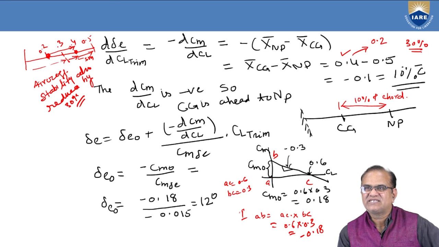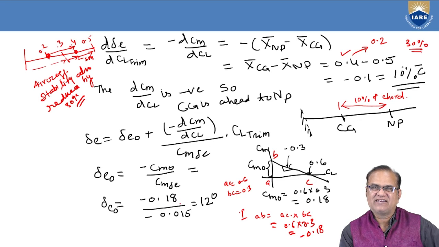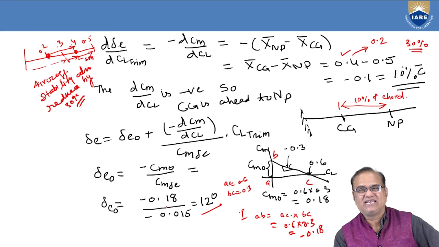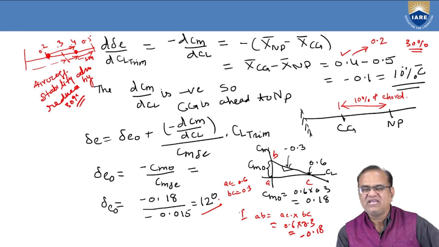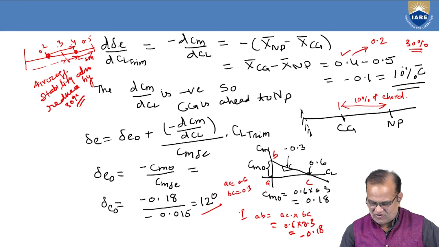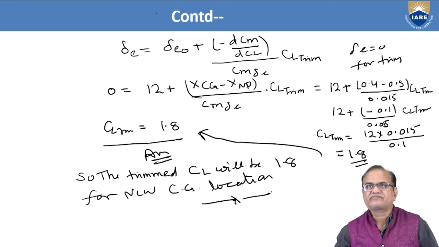Okay, because here is minus, and CM delta E we have already found out is minus 0.015, and if we make it, we will get here 18 by 180 by 15. So here we got 12 degree. So delta E naught is equal to 12 degree, which we can get from this calculation.